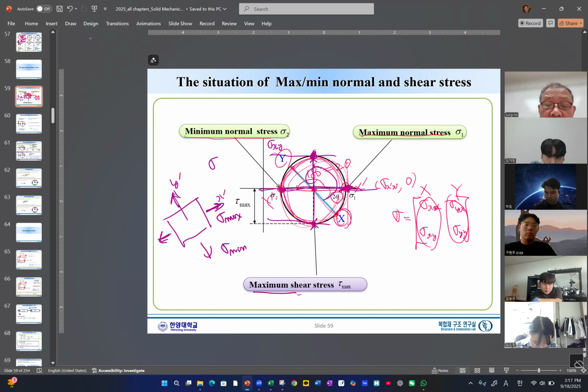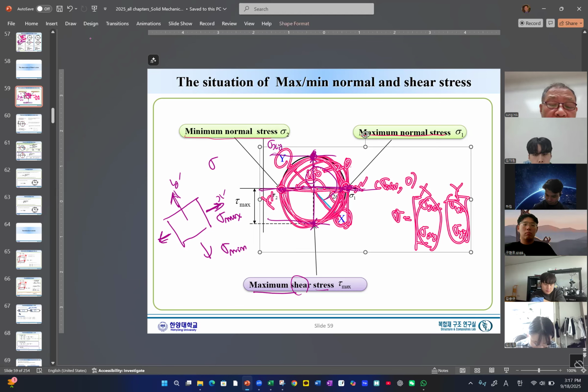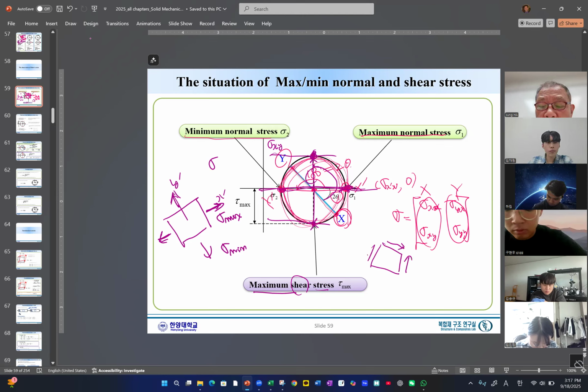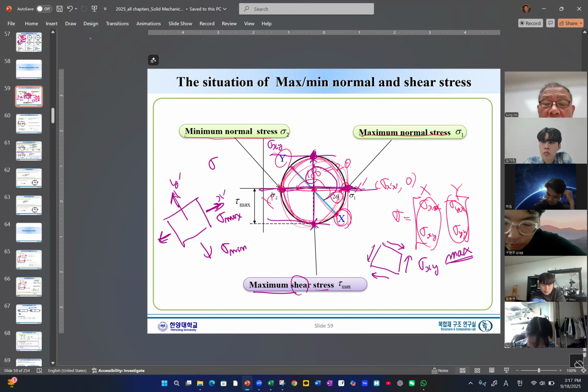Maximum shear stress means that as we keep rotating, at a certain axis we have the sigma xy which is the maximum, okay? Maximum is that point.